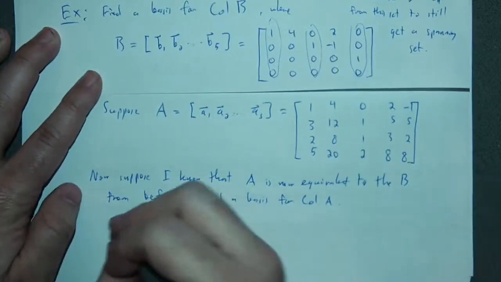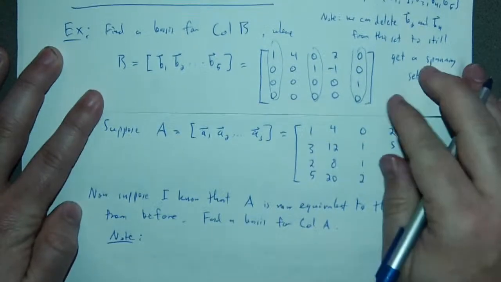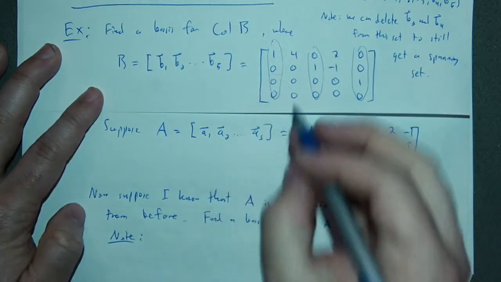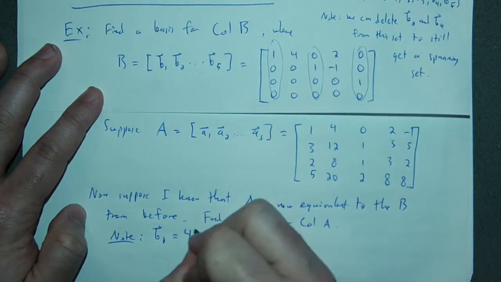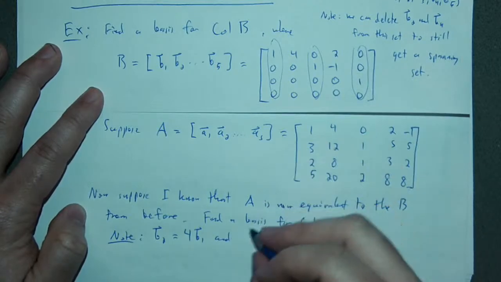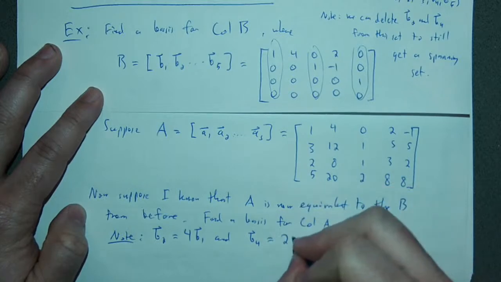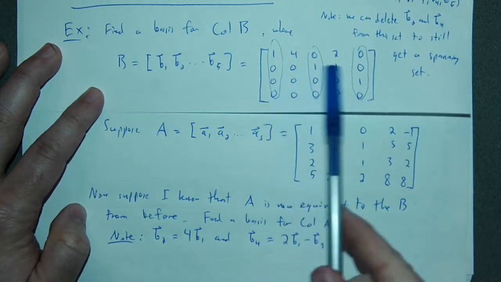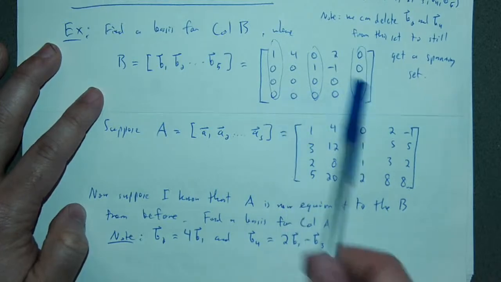So note, from before, if we label these B1 through B5, and these A1 through A5, I have that B2 is equal to 4 times B1, and B sub 4 is 2 times B sub 1 minus B sub 3. Okay, so that's the two linear dependence relations that I get for this matrix B.